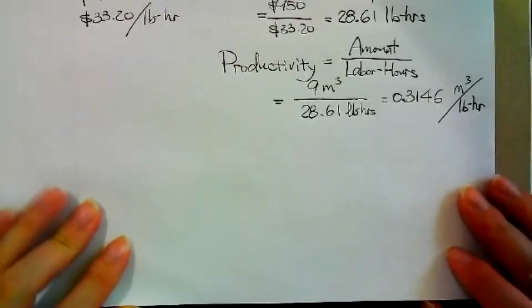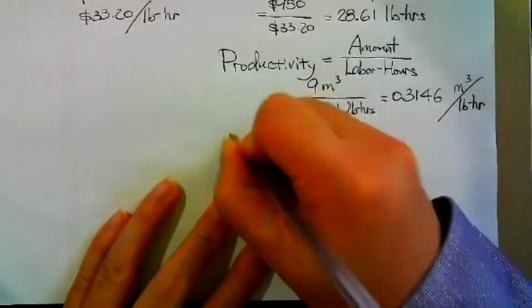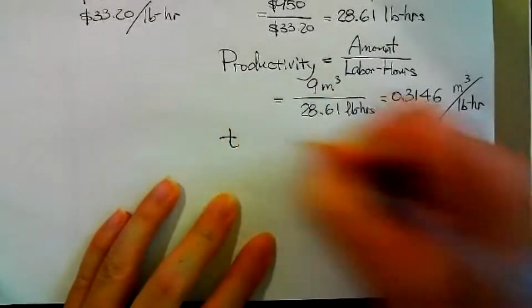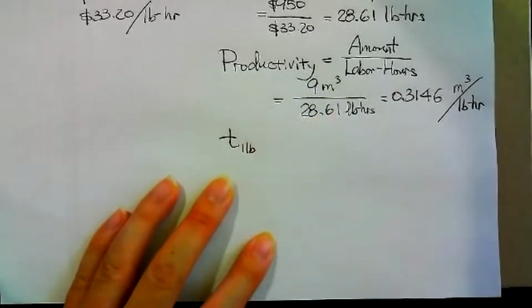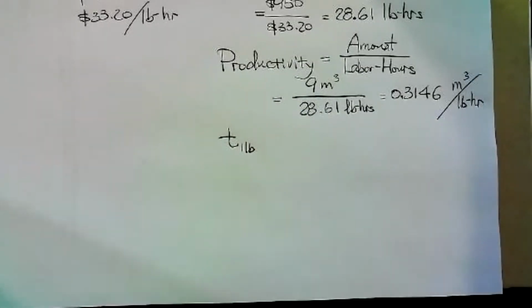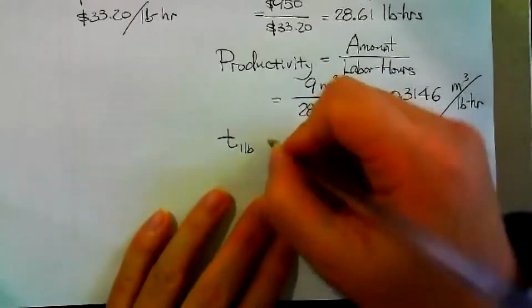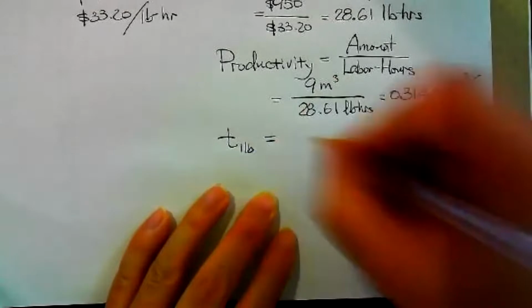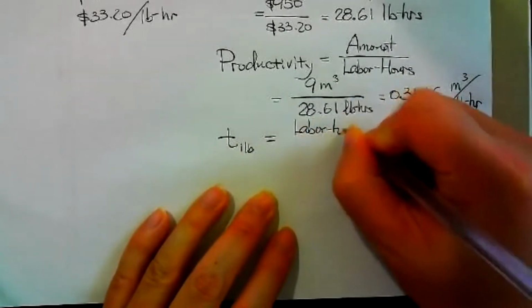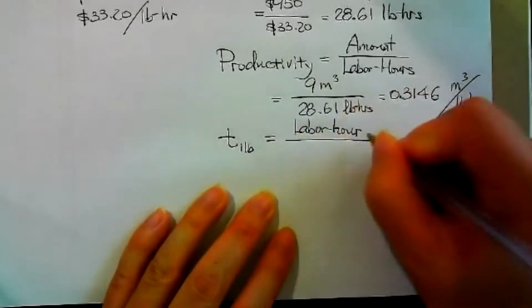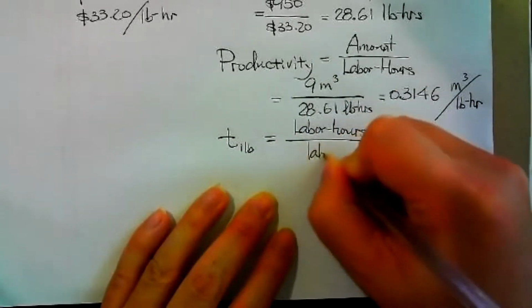Then it also asks us to calculate duration. Duration, we can use T. If we have 1 labor, and also duration if we have 2 labors. So the duration can be calculated, as on the last page, as total labor hours divided by how many labor is available.